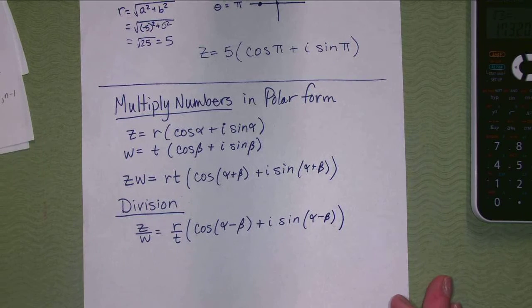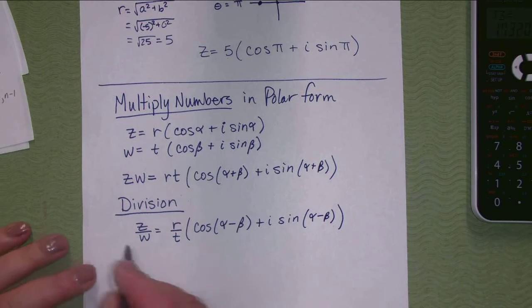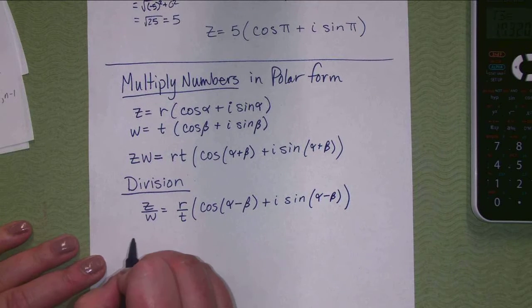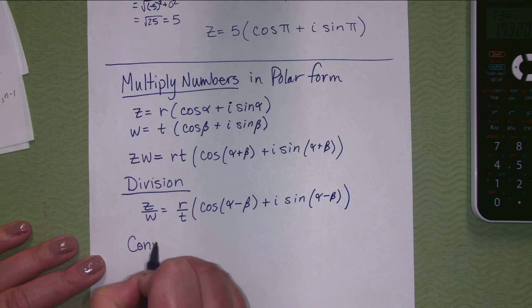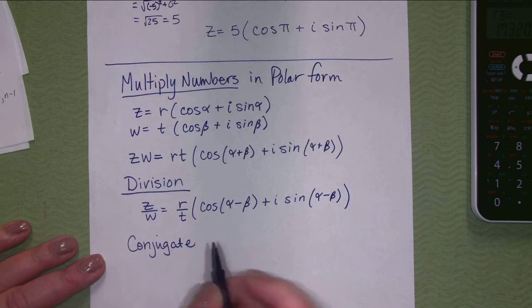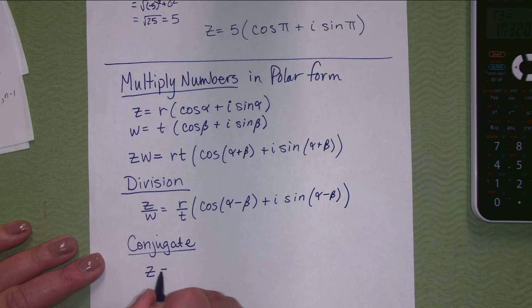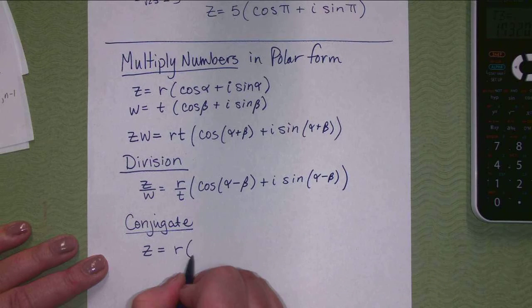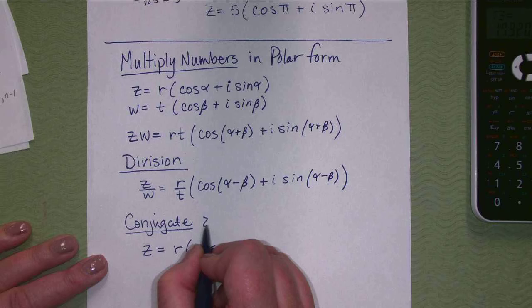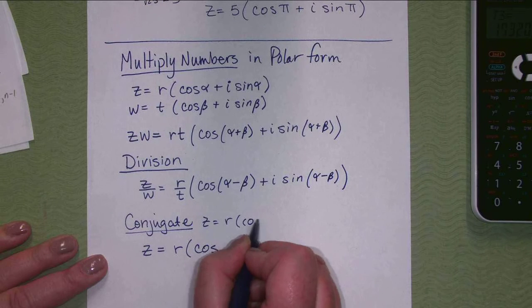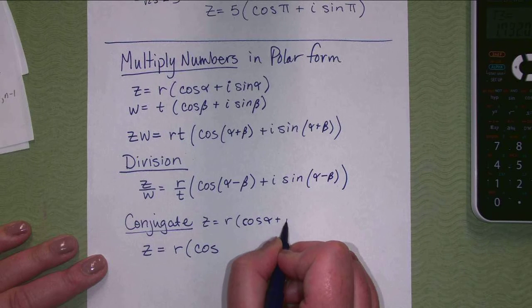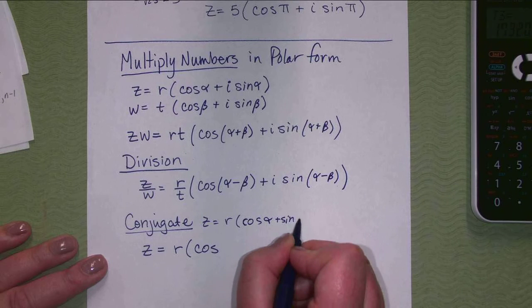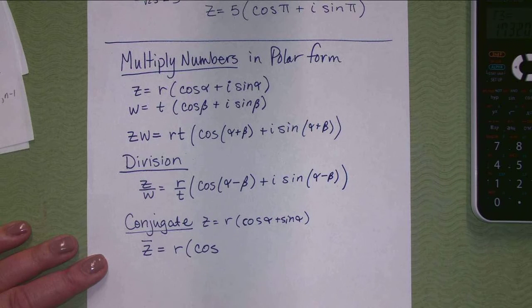I'm going to write down the other two laws, and then we'll do an example. So the next would be the conjugate. And the conjugate is just the same. So if Z was R cos alpha plus i sine alpha, then the conjugate with a bar on top is just minus.